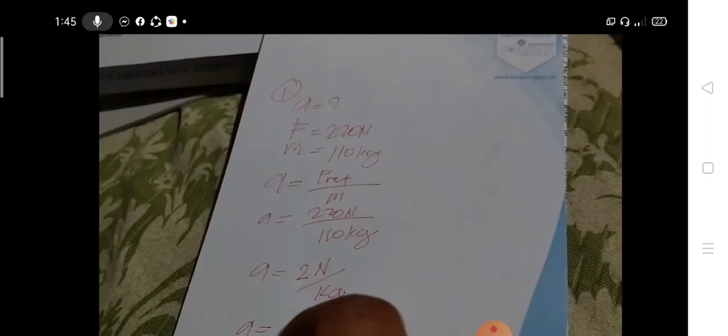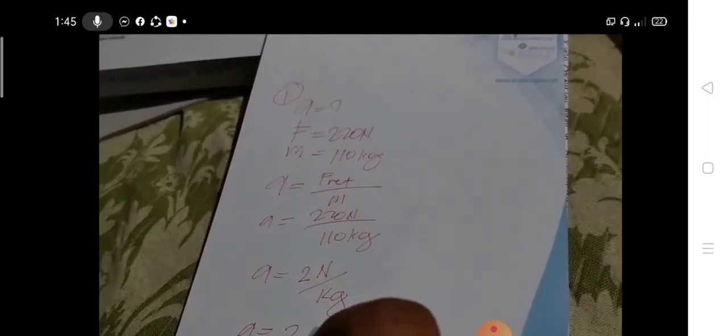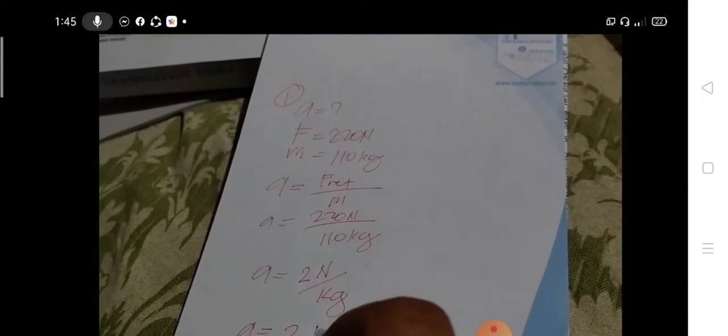The unit of acceleration is meter per second squared, so let's convert: 1 Newton is equal to 1 kg meter per second squared. Then let's cancel the kg. So the final answer is 2.2 meter per second squared.